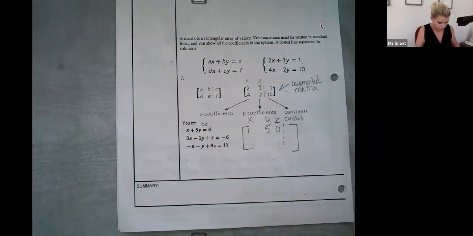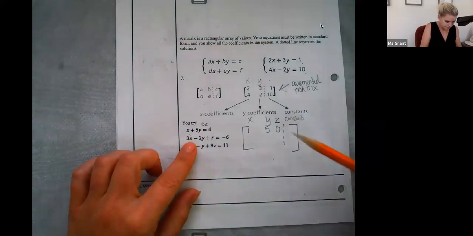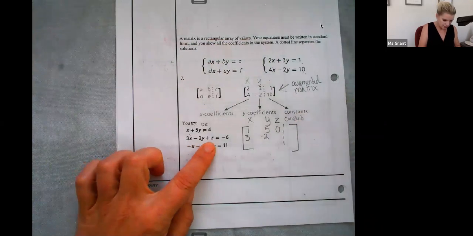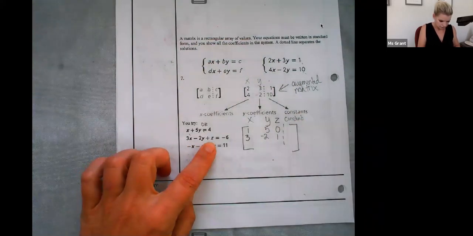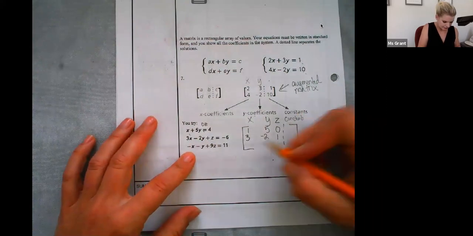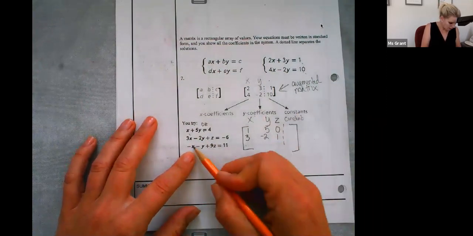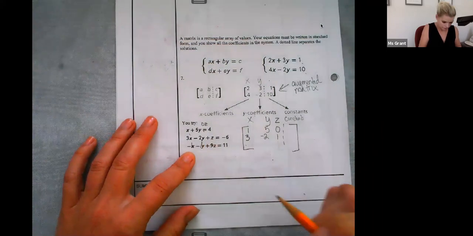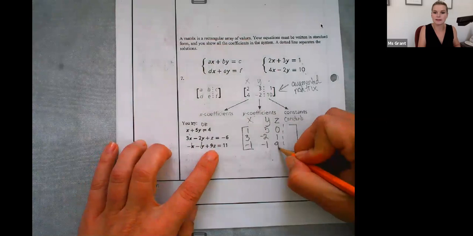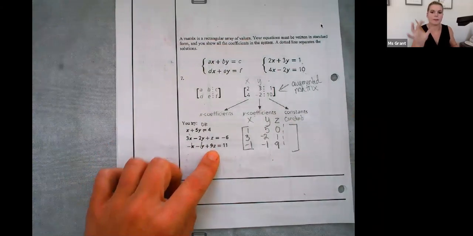Second row. X is 3. Y is -2. Z is a 1. X, Y, Z again. X, -1, -1. 9 under my Z's. Okay, I got my X, Y, Z's.